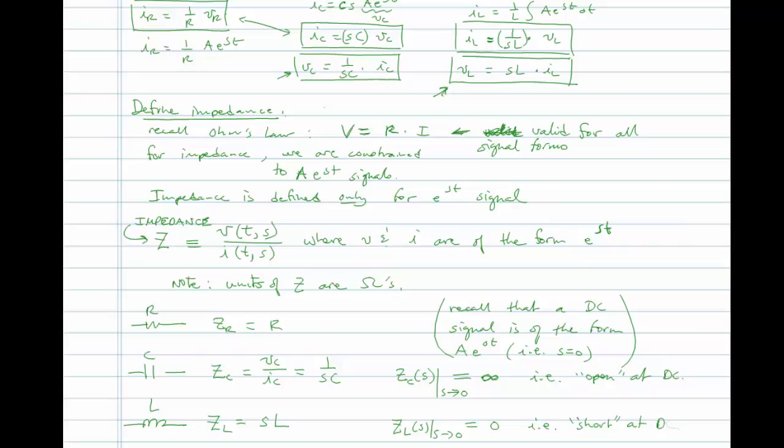Okay. Now let's put impedance to work and see how it can be helpful in solving RLC circuits. Let's consider the following example. All right. Consider the already familiar RLC circuit.